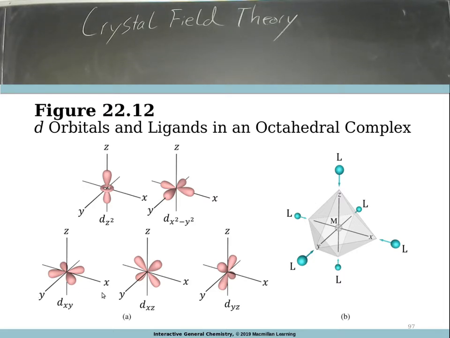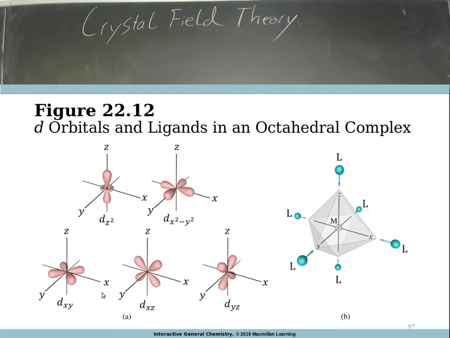So if you look at the octahedral arrangement of the ligands, the dxy, dxz, and dyz orbitals, those three on the bottom, are pointing more or less away from the ligands, in between them. And so the ligands are going to have a much less pronounced effect on the energy of those orbitals.